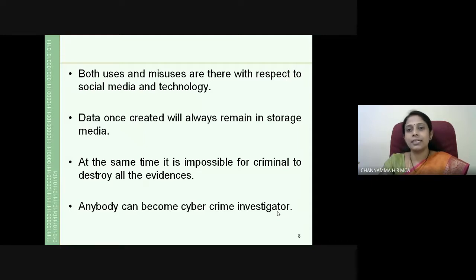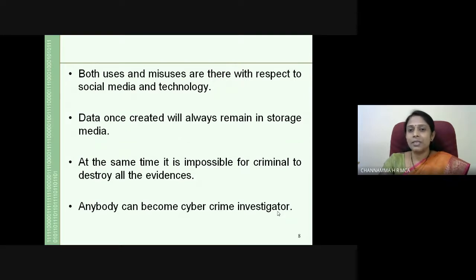Only with the intention of the human can it be used for both purposes. As with a knife, it can be used for chopping vegetables, or it can be used for killing a person also. So it is the human being who has to be aware of how technology or social media must be used.